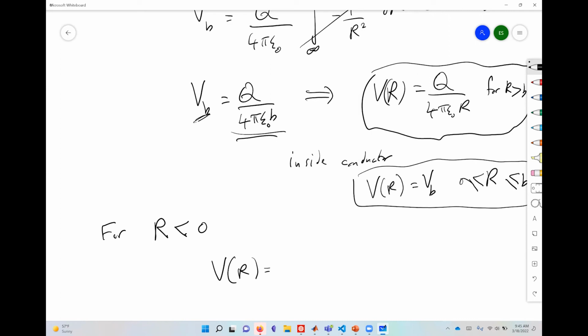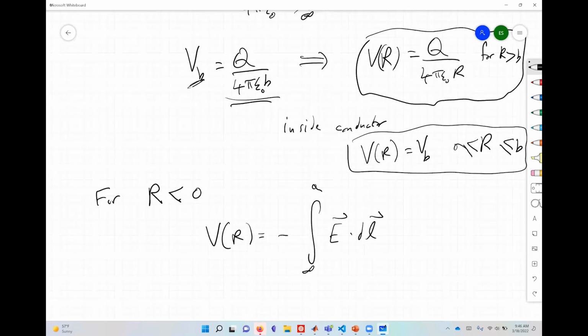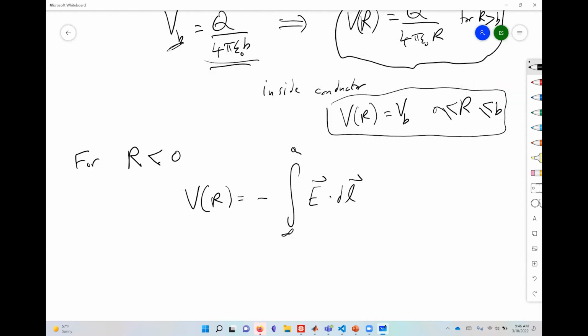Well, same deal. We have to go from infinity to R, E dot dl. This is an integral, and I can always subdivide an integral.